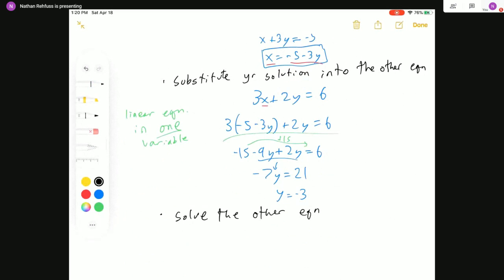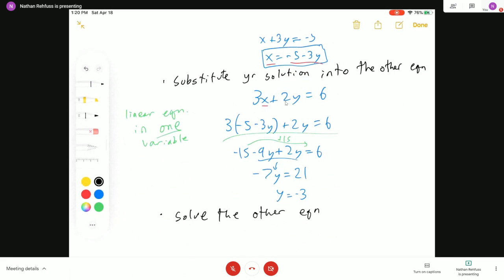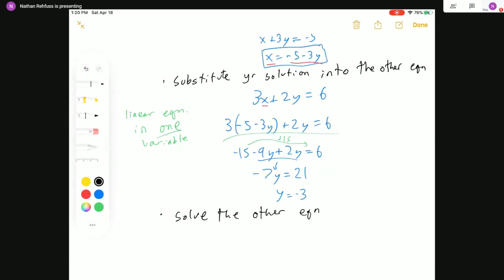If I plug y equals negative 3 into this equation, well, now that I look at it, we can solve either equation. Since we now know the value of one of our variables, I can plug that back into either equation. How about x plus 3y equals negative 5?